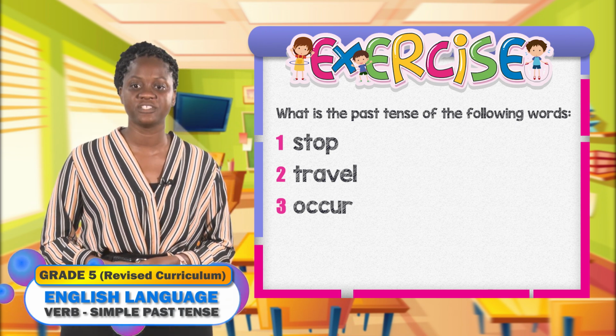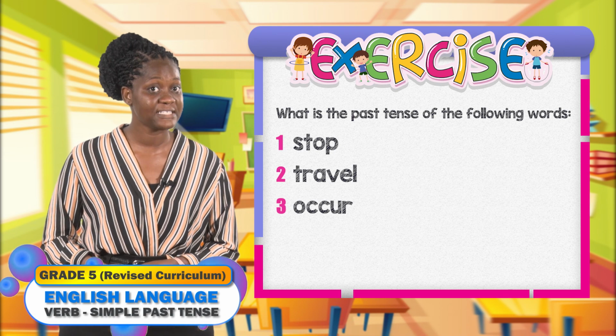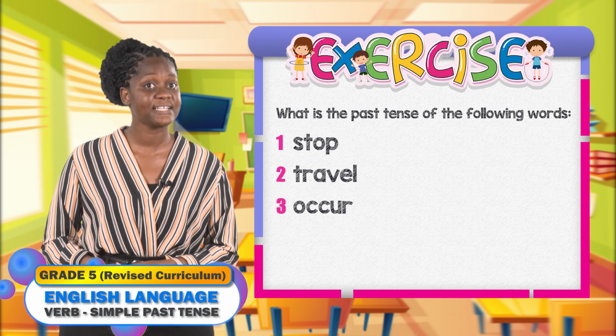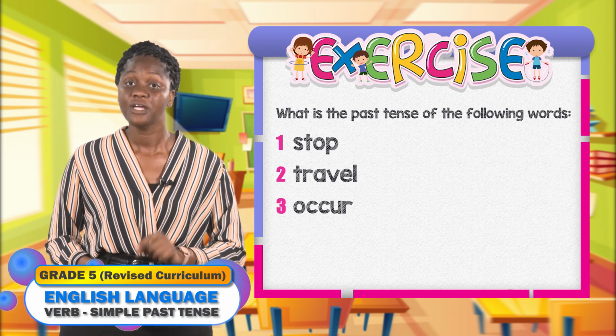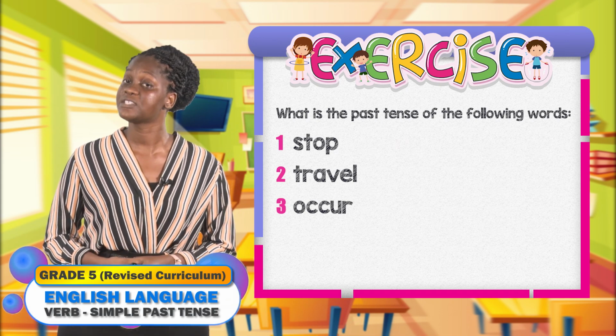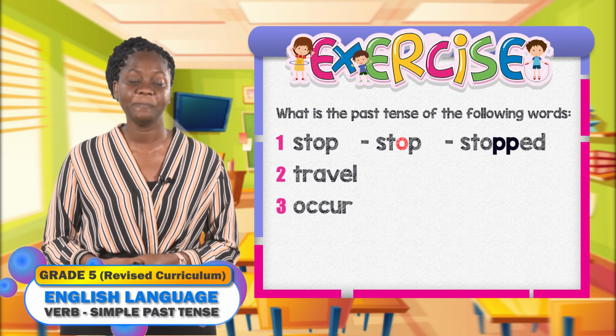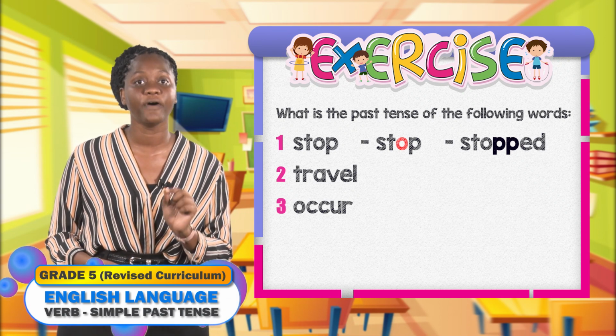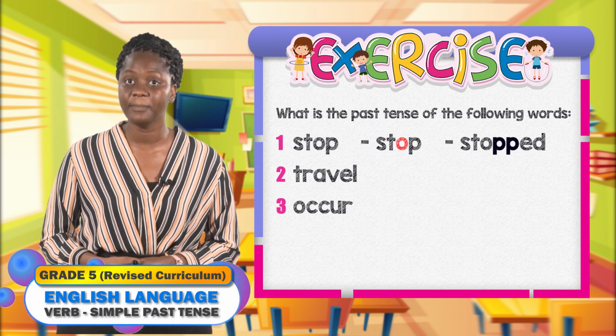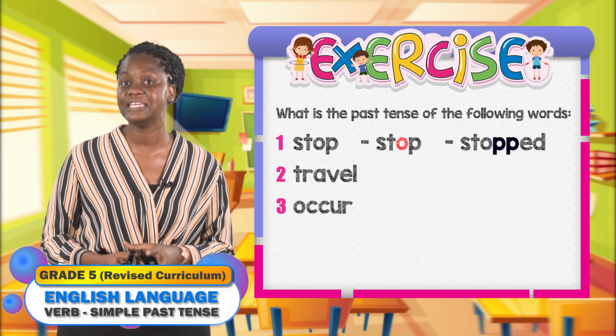Let's check those answers. What is the past tense of stop? Yes, stopped. The last letter in stop is P. The letter before the P is O, a vowel. So we must double the P before adding ed.